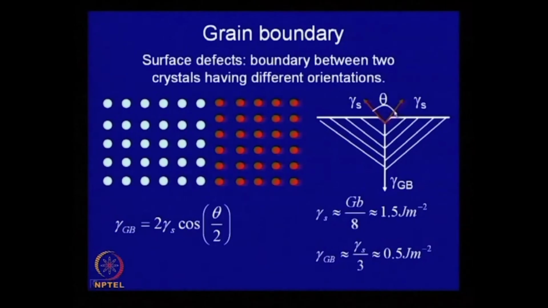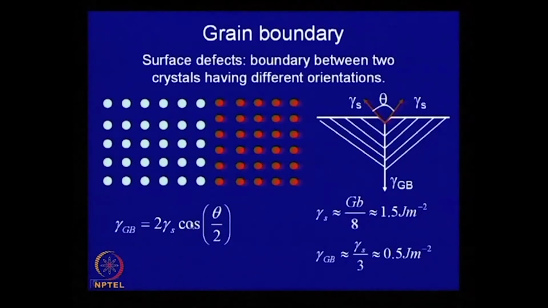One component, the horizontal component, will be gamma s sin theta over 2, and this also will be of similar magnitude in the opposite direction. So, this horizontal component will cancel each other, but the vertical components will add up together. So, there will be an equilibrium between these forces, and the grain boundary energy will be given by this.